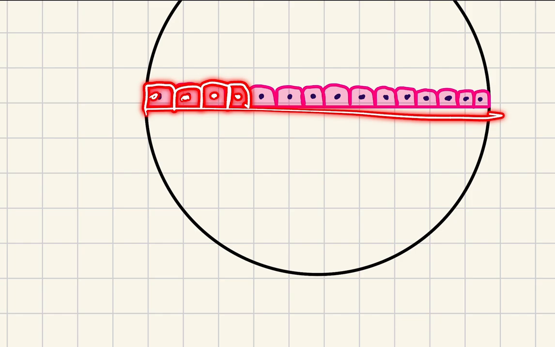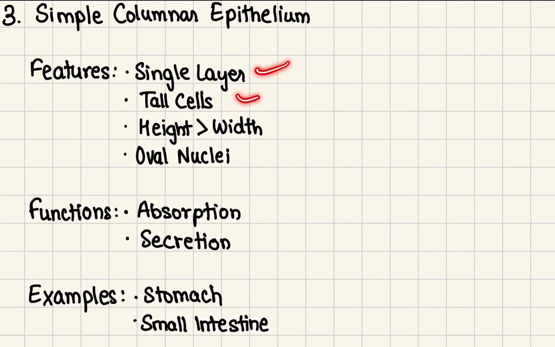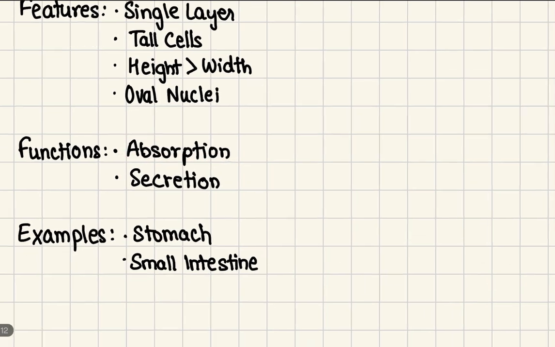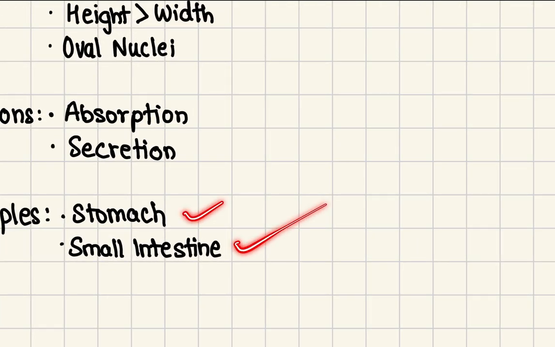Quickly coming on to simple columnar epithelium. They are single layer tall cells. Now since they are columnar, they will be tall, right? So the height of these cells will be greater than the width. The nucleus will be oval in shape and slightly closer to the base. The functions over here are absorption and secretion, mainly absorption. So where does absorption happen? It is there in the stomach and the small intestine.